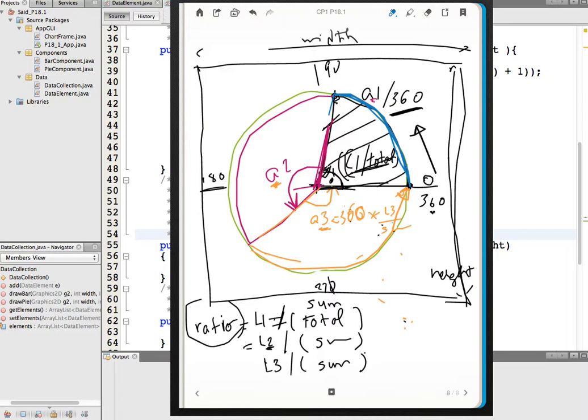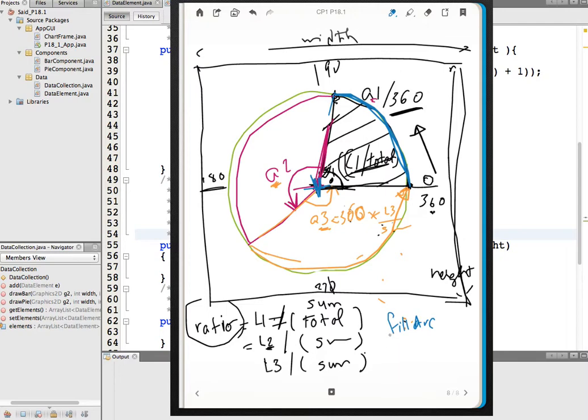So to center everything, we need to figure out where we are in the x and y. But let's see what the method calls for. We have a method called drawArc, and you can choose drawArc or fillArc.